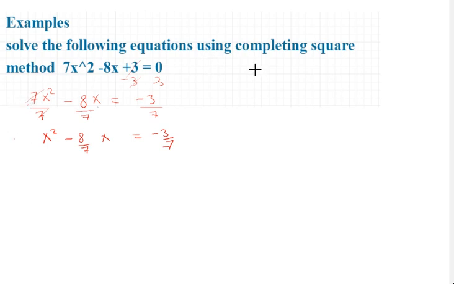Now we will find the term (b over 2a) squared. Here b is minus 8 over 7.